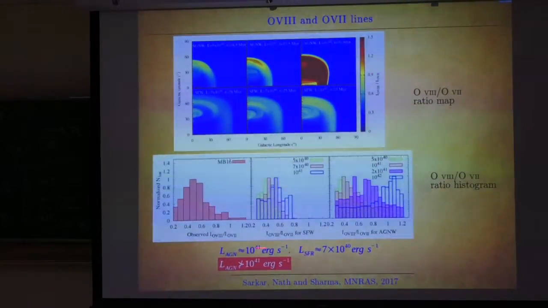So in no case do we find that the energy is more than 10 to the 41 ergs per second. Because, for example, if we consider a case where the AGN wind luminosity is 10 to the 42 ergs per second, represented by the blue boxes here, you always see many lines of sight with line ratio more than 0.8 or 1, which is just the opposite of this.